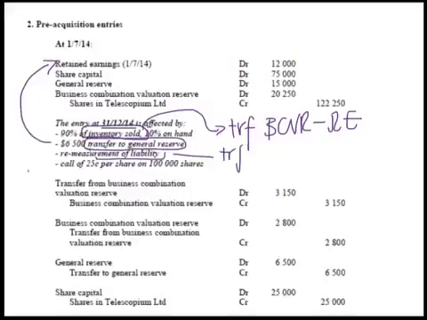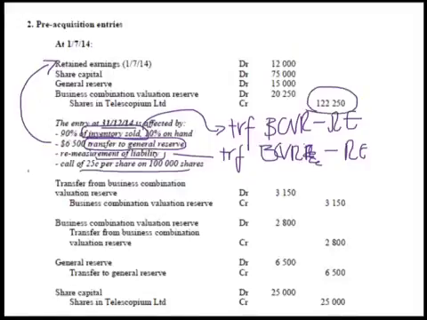Therefore, there's a transfer from BCVR to retained earnings. And then the call of the 25 cents on the share, because in the end we want our full investment in subsidiary to be eliminated, and after this entry there would still be a balance in that account relating to the call that was made subsequent to the acquisition date.